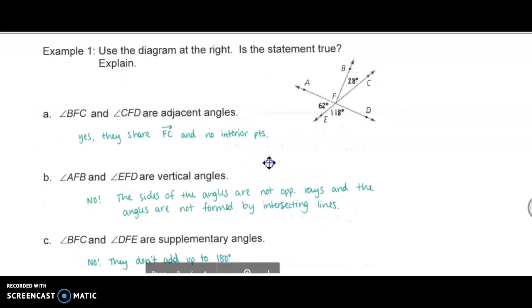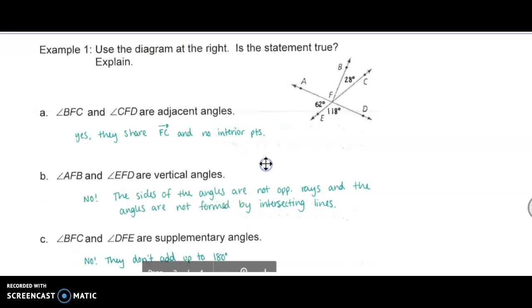Here I just again copied and pasted the notes. Based on these diagrams, are these statements true? Okay. I want to point out for part B, AFB, this angle here, AFB, and EFD, they are not vertical angles, right?